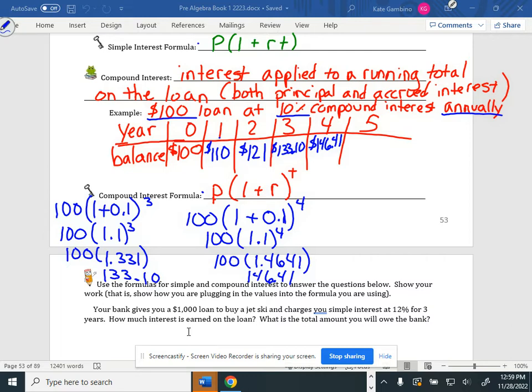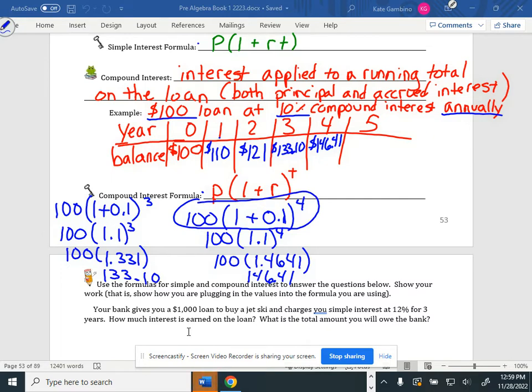So either way works. Some of us are more comfortable doing it step by step. Some of us want to plug it all in at once, one equation. Either way, you're going to get the correct answer. What I would need to see as you show your work is you have to show me what your equation is.